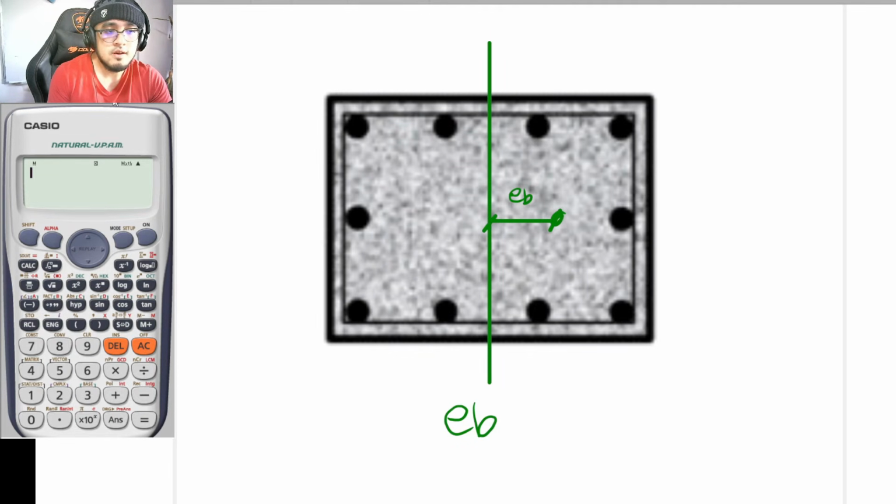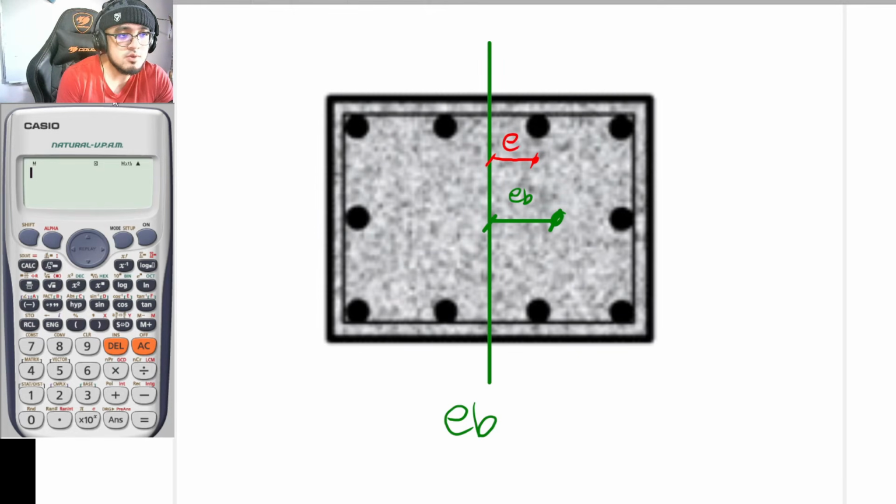Let's say that the given eccentricity in the problem is less than eb, or it is located here, for example. It means that your column is compression controlled.